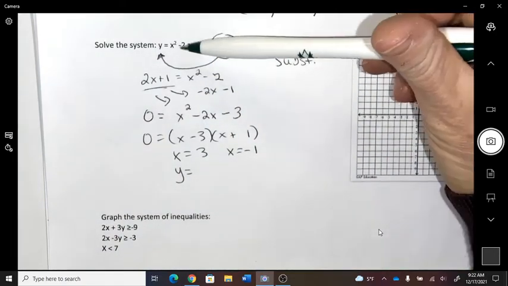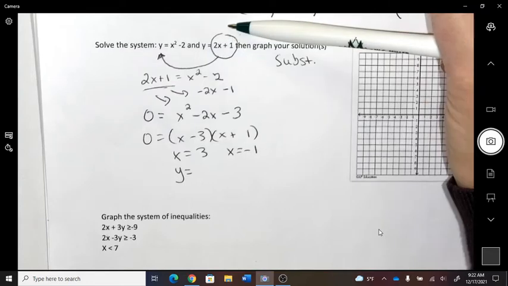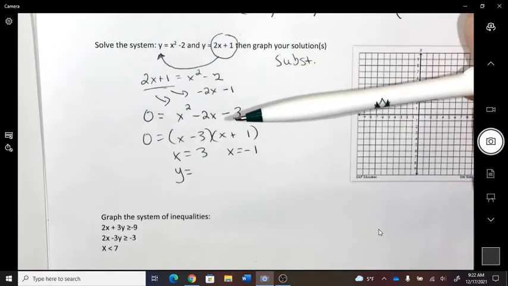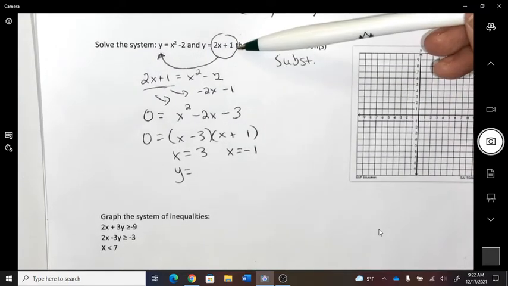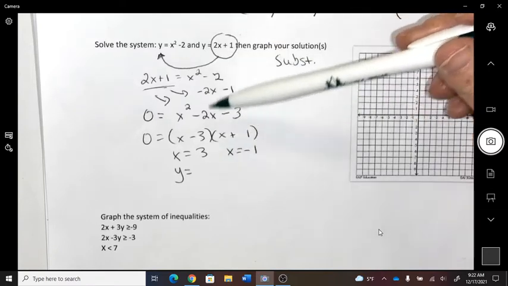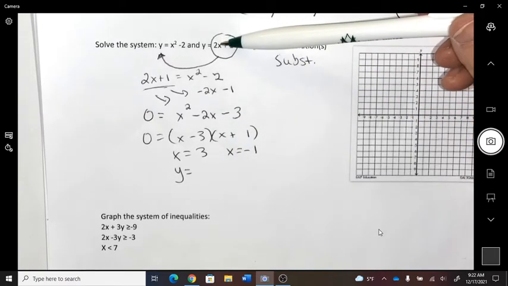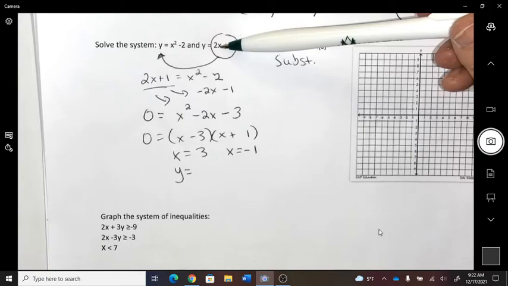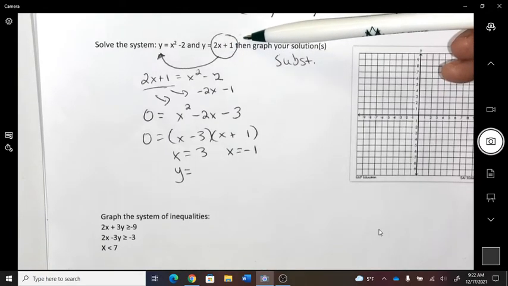It doesn't matter which one you do here. Whatever one looks like it's easier math. I don't know, I'm going to pick this one. Y equals 2 times 3, 6 plus 1.